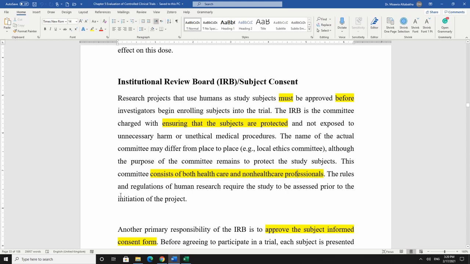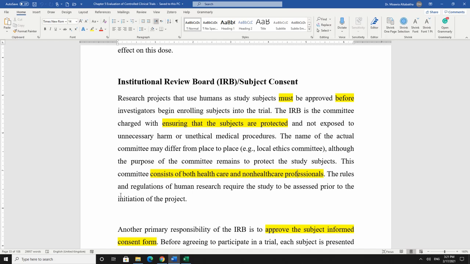Now someone will ask me, what is the relation of non-healthcare professionals? For example, you might include lawyers, you might include lay people from different professions, because they need to understand, as lay people, whether the recruited subjects will understand what you are telling them.